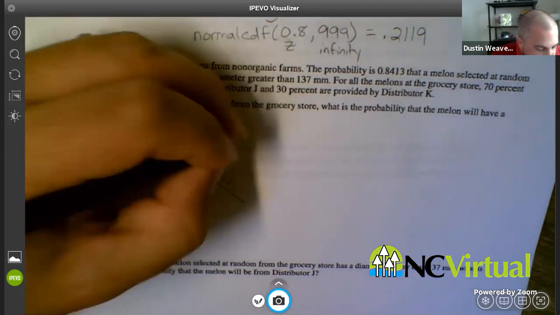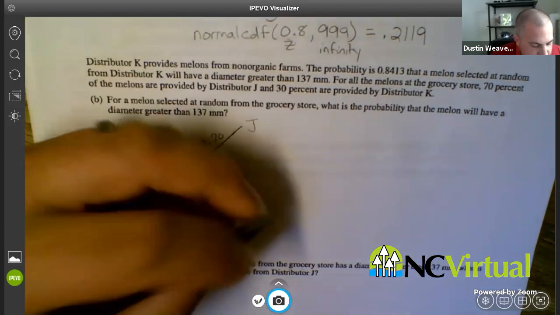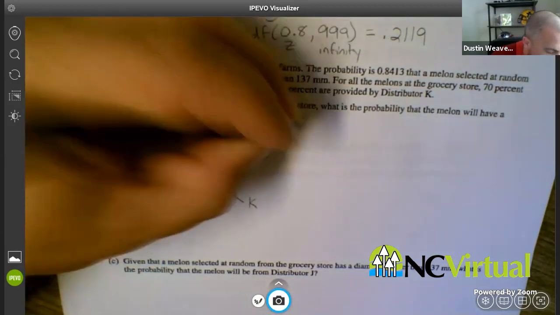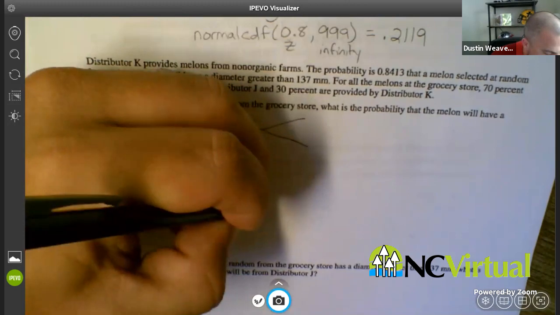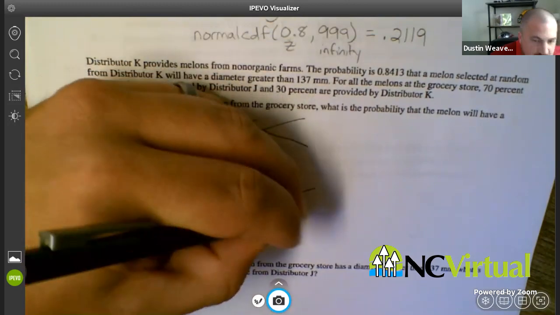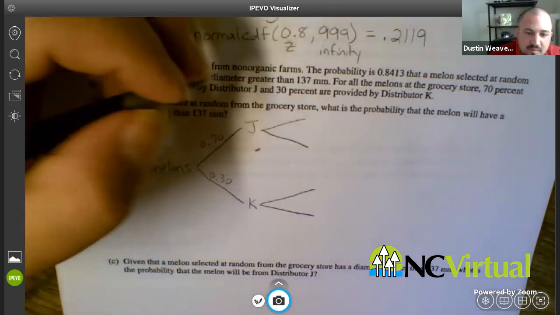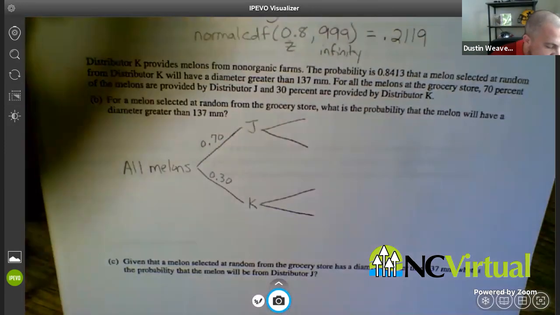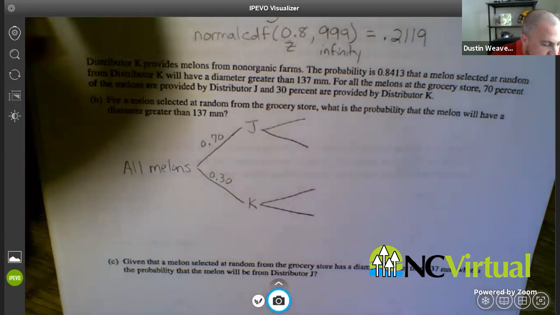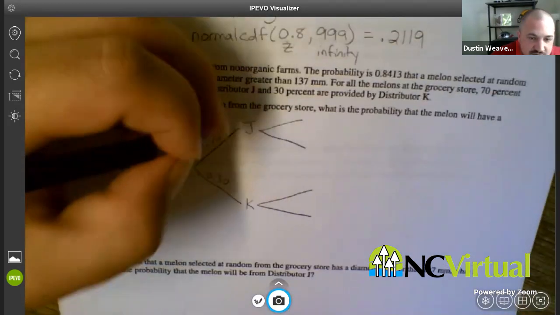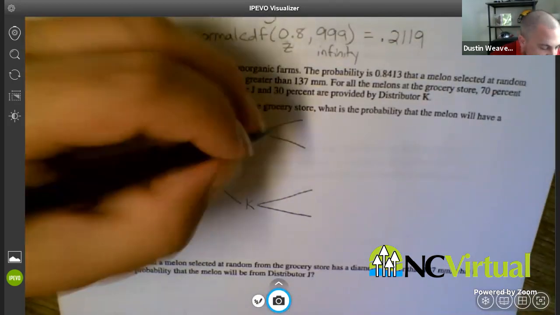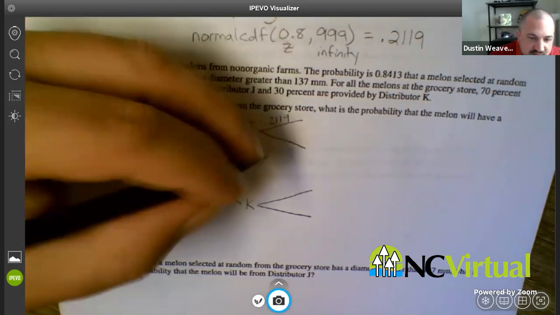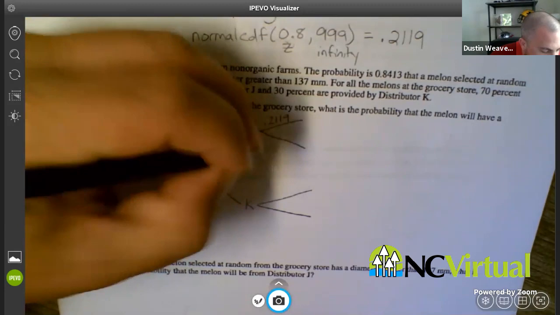And I'm going to say, here's distributor J. And then I'm going to say, here's distributor K. And then I'm going to give my final probabilities. Now, distributor J, we just talked about the probability that the melon will have a diameter greater than 137 from distributor J. That is actually right here, 0.2119, which means the probability that it won't is 1 minus that.